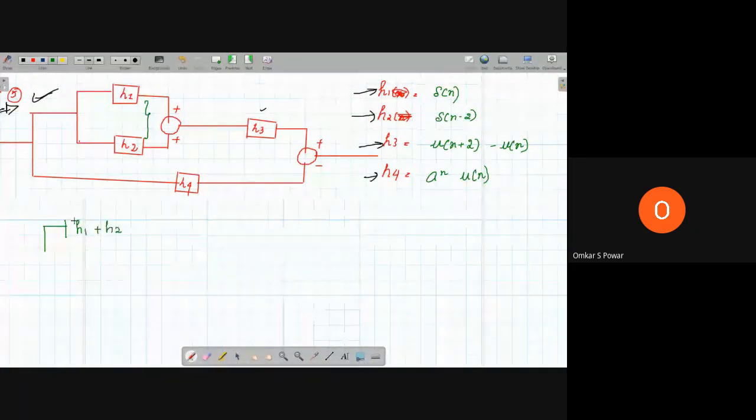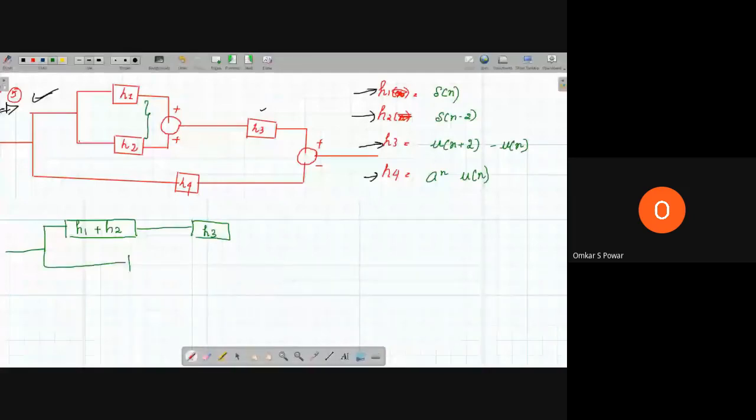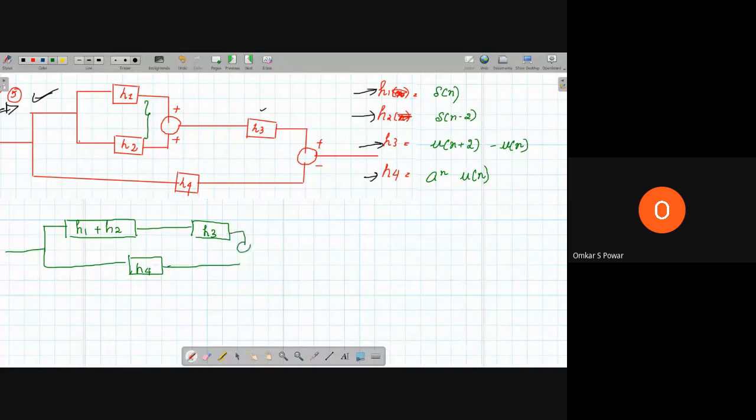Okay. Now, what is this H3? It is in series. So let me write it as it is. Then your H4. So it is in parallel. So H4 is in parallel and this is connected to this as it is. So plus minus.